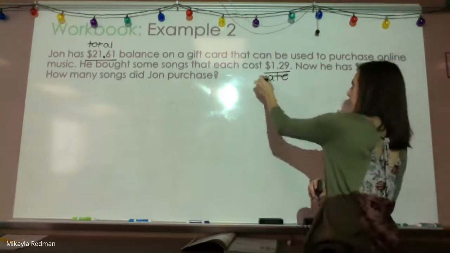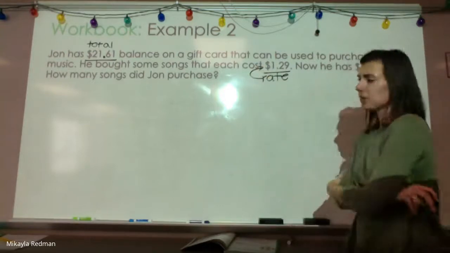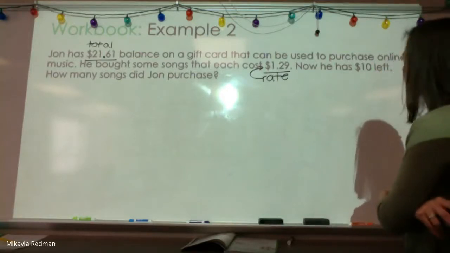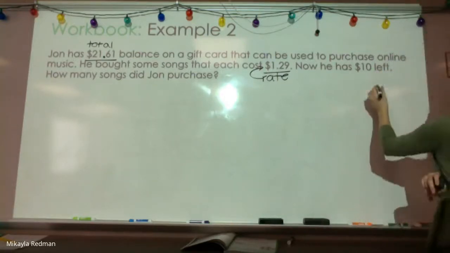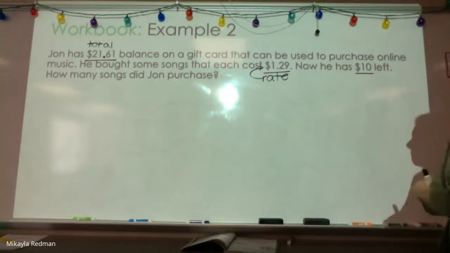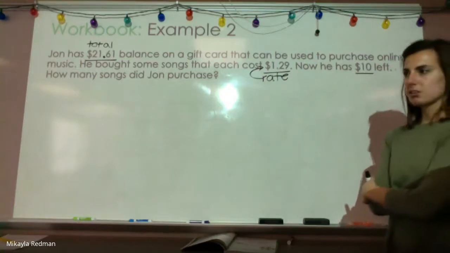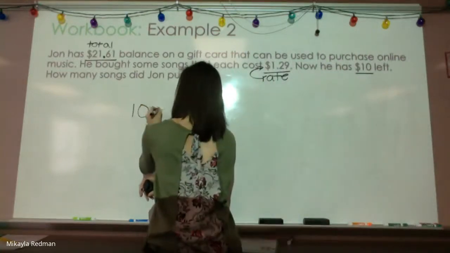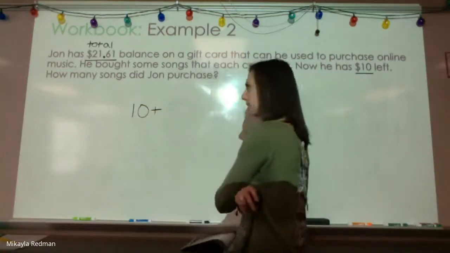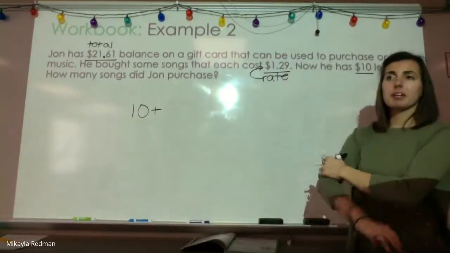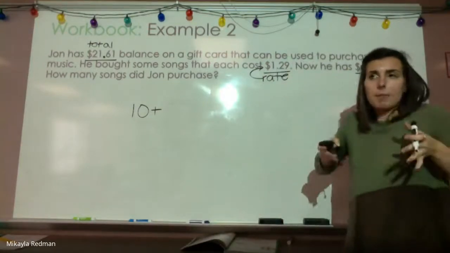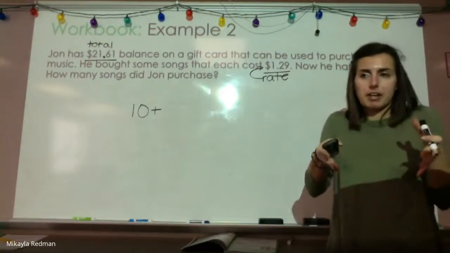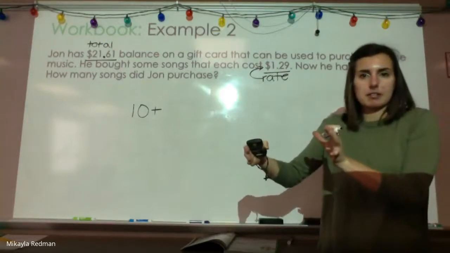So remember, our rate means that's our coefficient. That goes with some variable. And then he has $10 left. So if you think about the money he has, $10 plus the money that he already spent. So the amount of money that he had to begin with is the $10, the amount that he has left, plus the money that he spent.